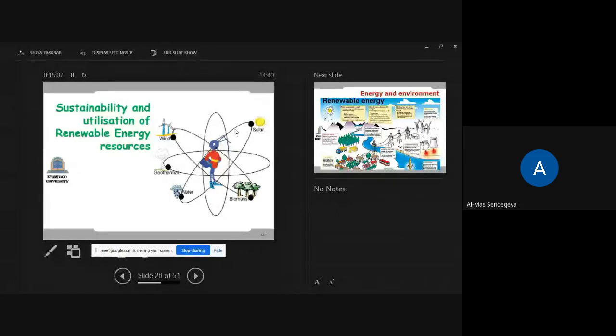For example, in Uganda, we have a very big challenge with wind, but sun is in abundance, biomass, and water, hydro. But geothermal, very site-specific, is not yet exploited. The only country in Africa which has exploited geothermal resources is Kenya. Yet there are so many countries with this resource.